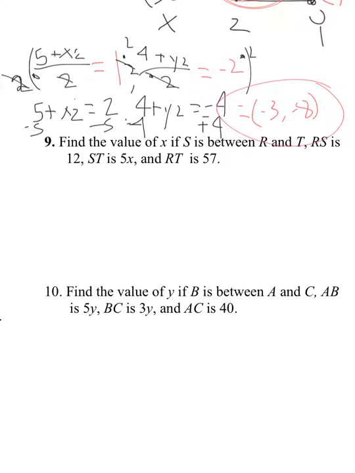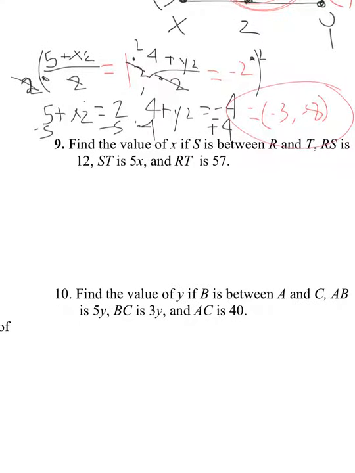Find the value of x if S is between R and T. RS is 12, ST is 5x, and RT is 57. So pretty simple. You have your segment R, S, T, and RS is 12, ST is 5x, and RT is 57, the whole thing.